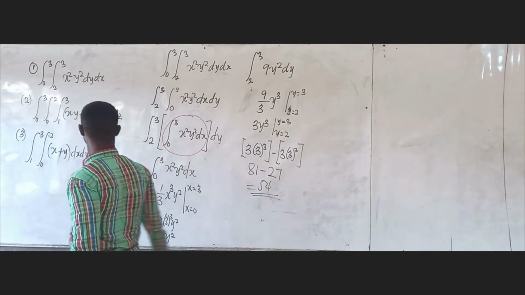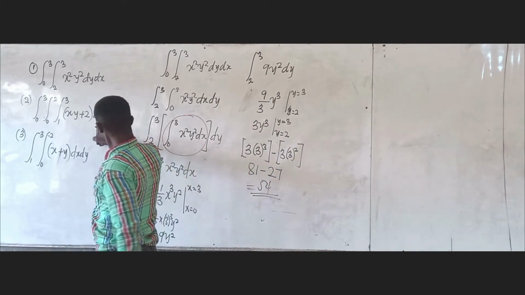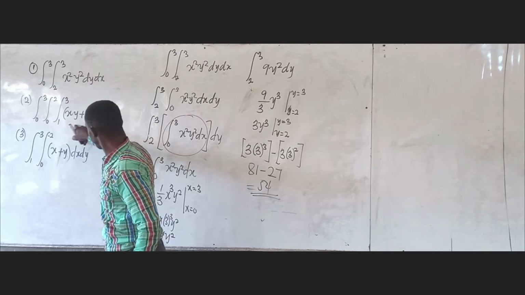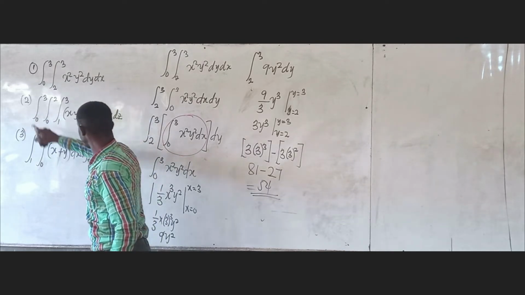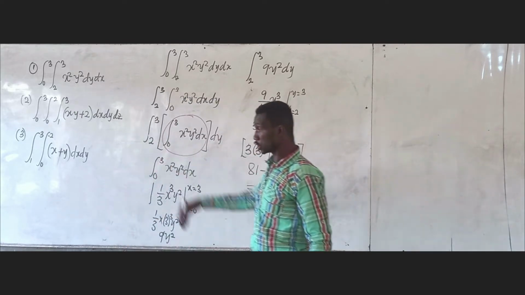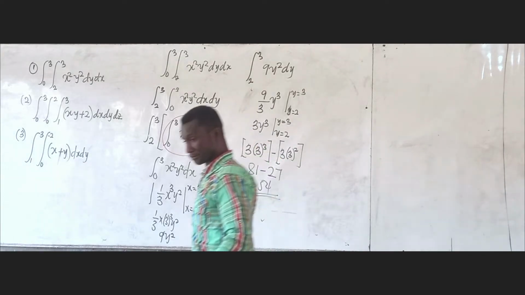In this triple integral, which one is the inner one? The x moves from 1 to 3, the y moves from 0 to 2. I'll rearrange them so that I will integrate them comfortably.